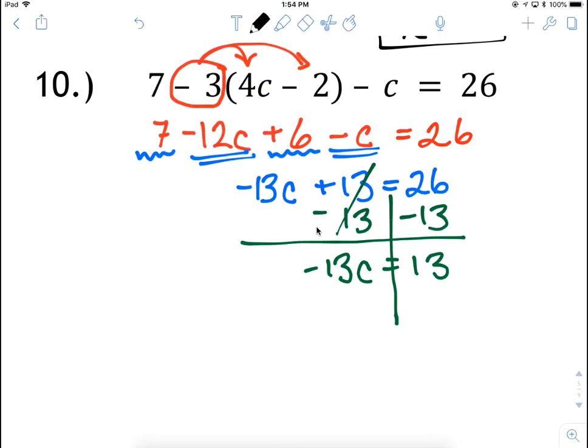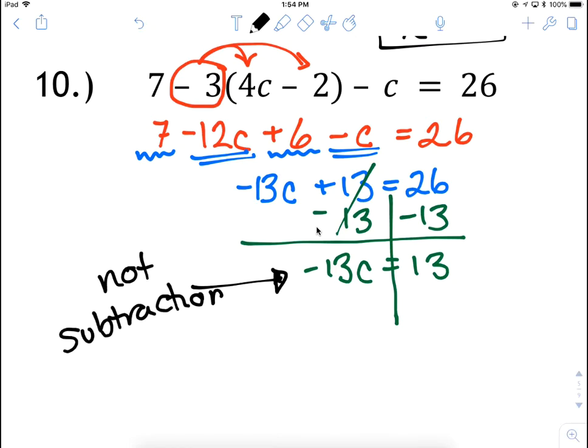We need to get c by itself, which means getting rid of this guy. I want you to make a note right here. This is not subtraction. Okay? That is saying negative 13 times c. That's a multiplication. So how do I cancel multiplication? I need division.